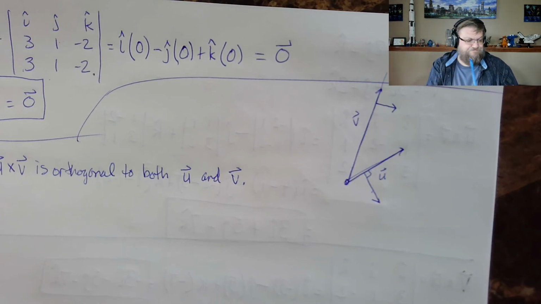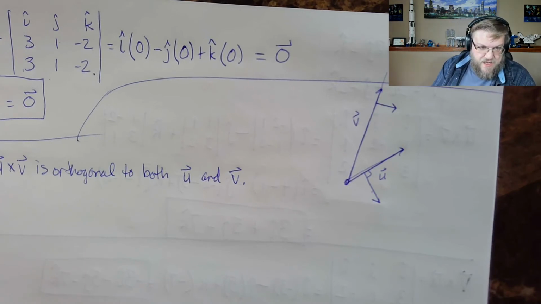Do you see that? And so that's nice. There's going to be a need to find vectors that are orthogonal to two vectors at the same time. We're going to need that ability. And it's exactly the cross product that does that. It gives us a vector that's orthogonal to both u and v.